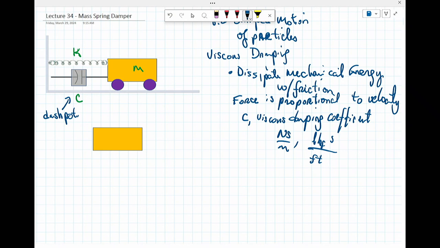So if I look at that same system as I have before, I have Kx. Actually, I'm just going to draw these in first, and then I'll change the colors.